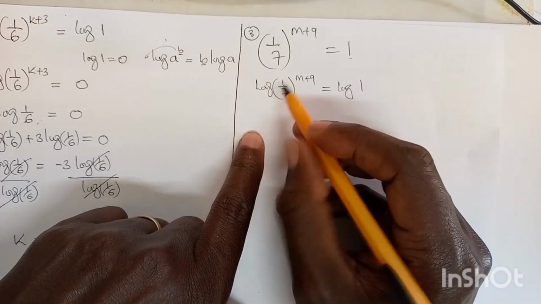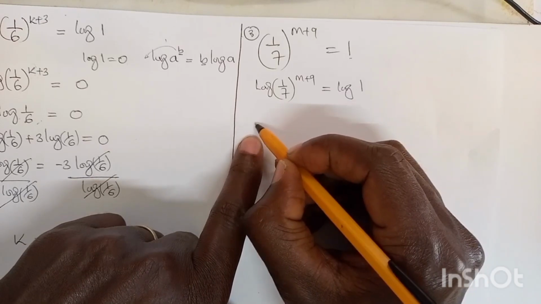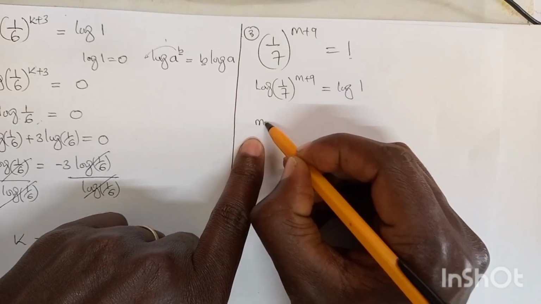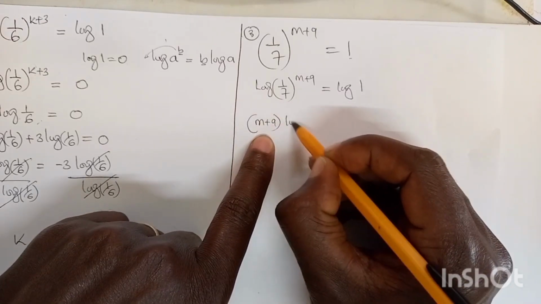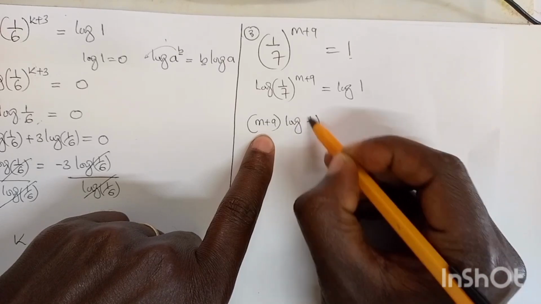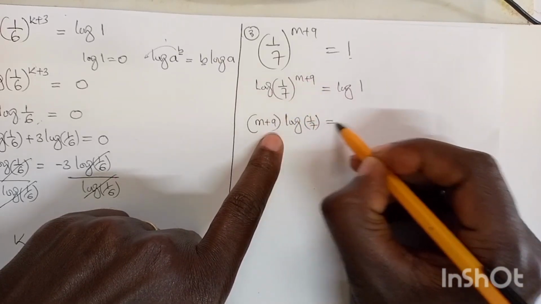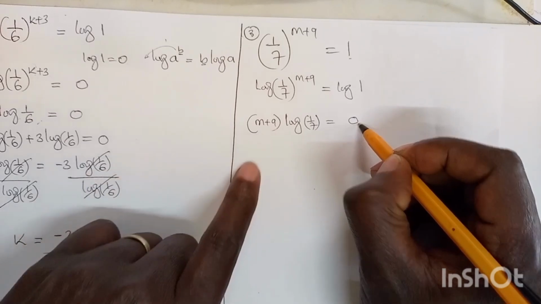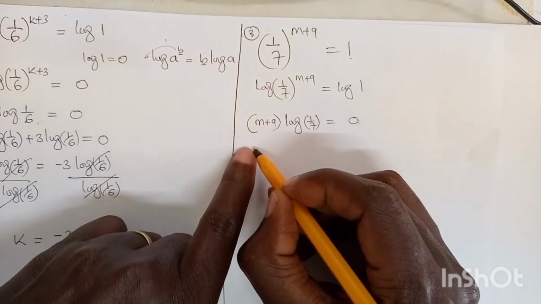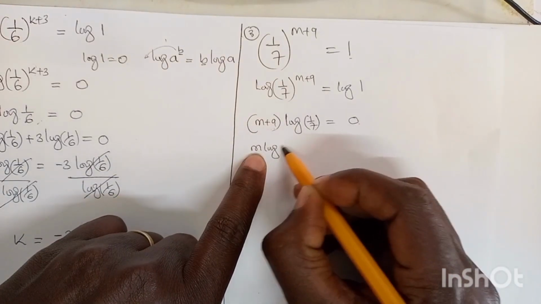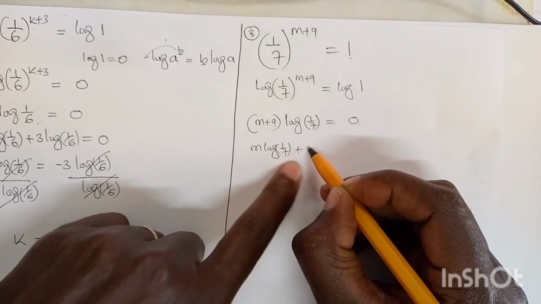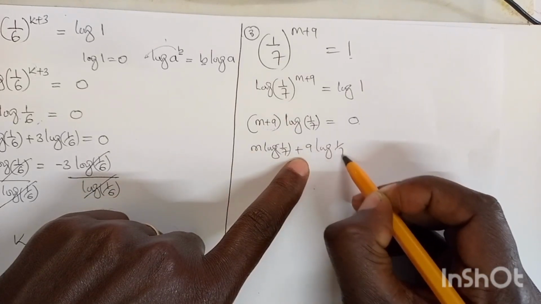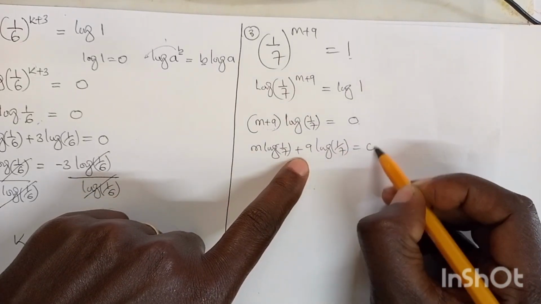So this will be (m + 9) log 1/7 equals 0, because log 1 is 0. Now from there, you open this bracket, and you have m log 1/7 plus 9 log 1/7 equals 0.